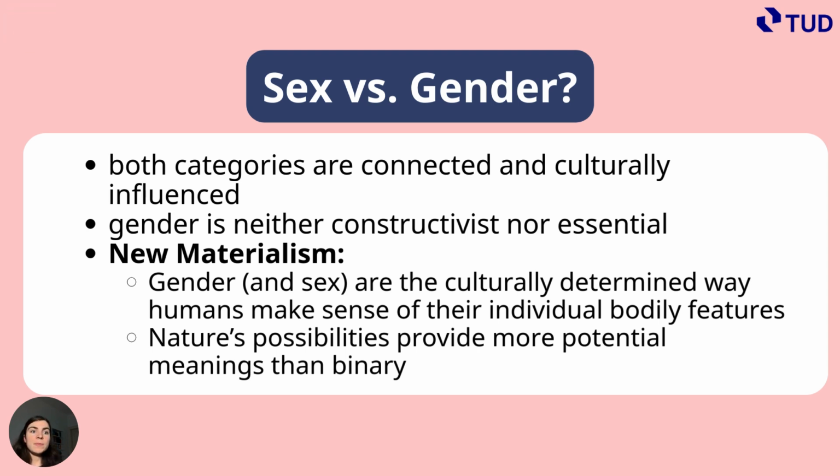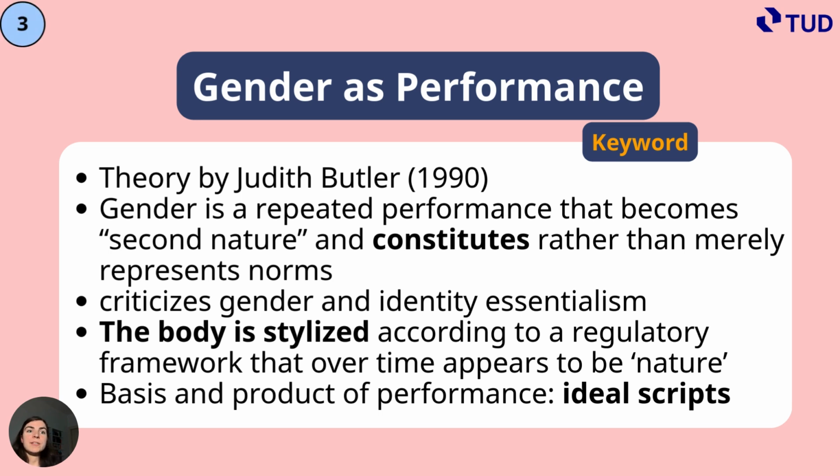One other concept that is super important is gender performativity, or gender as performance, a theory developed by Judith Butler in the 1990s with their book Gender Trouble. Here it's stated that gender is a repeated performance that becomes second nature and constitutes those gender norms. On one hand, we have those norms that are pre-existing, but they do not exist just because they're there; they exist because we have this repeated performance, and they are dynamically constituted.